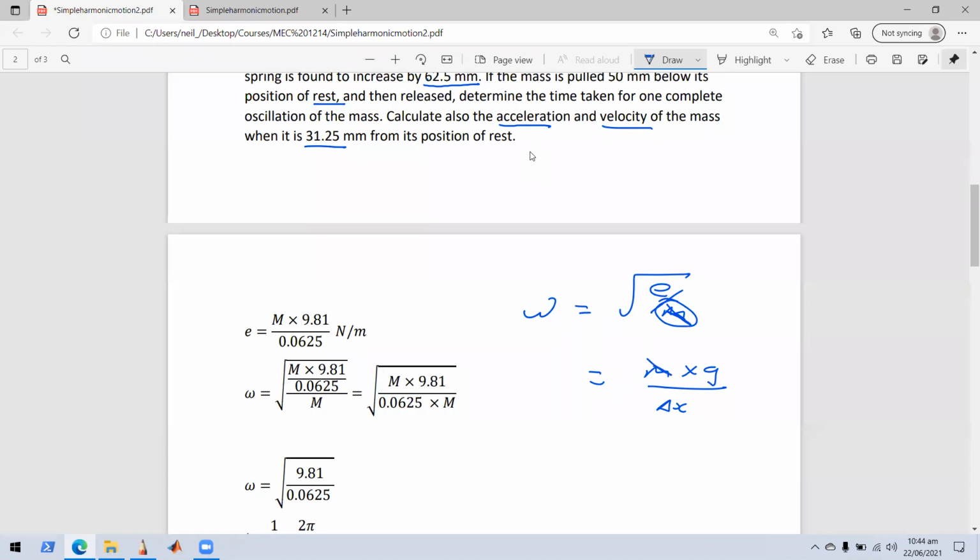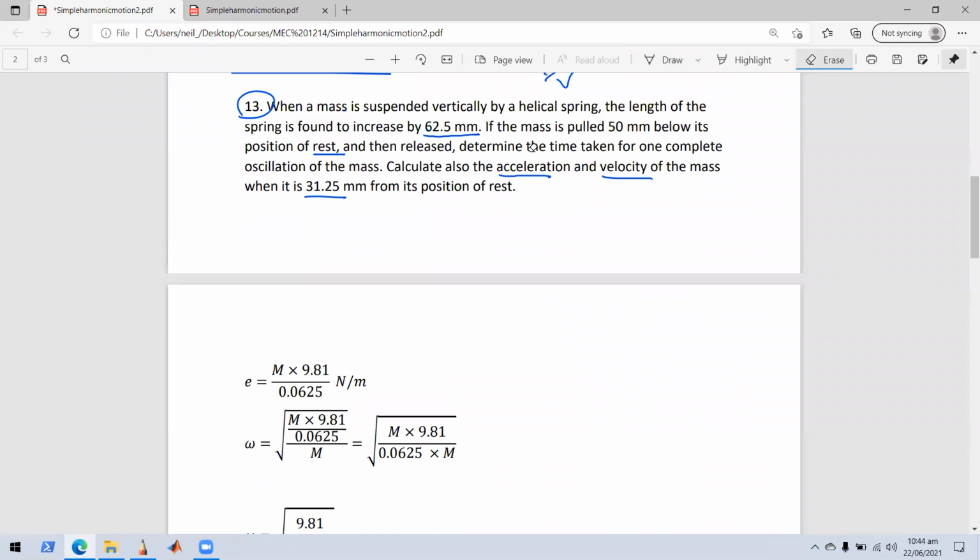So it'll end up something like this: omega is the square root of g divided by delta X, because this M cancels out with this M, right? So that's the logic with these operations. Let's go about doing that so that we can find omega, and then we can use omega to find the time taken for one complete oscillation. So determine time, acceleration, velocity.